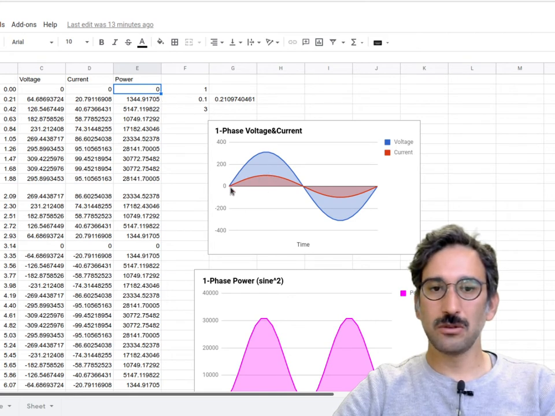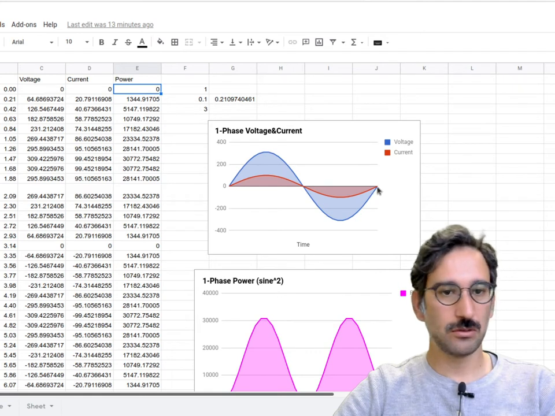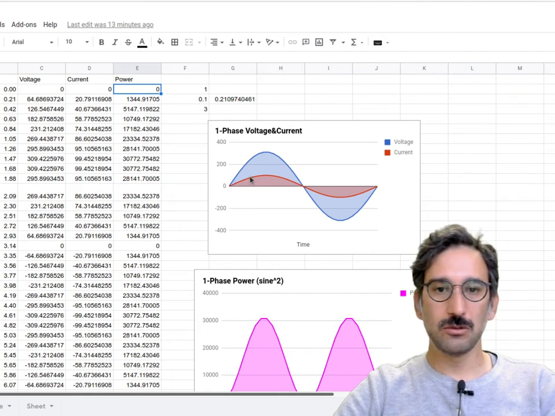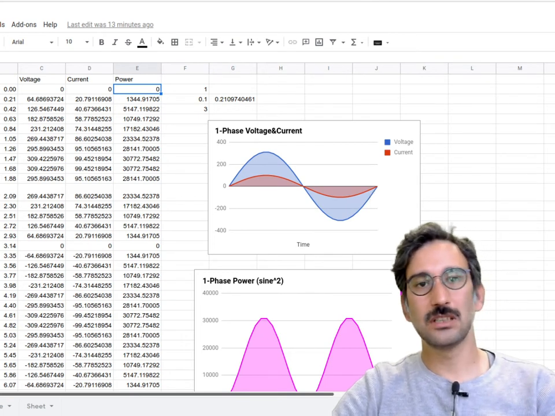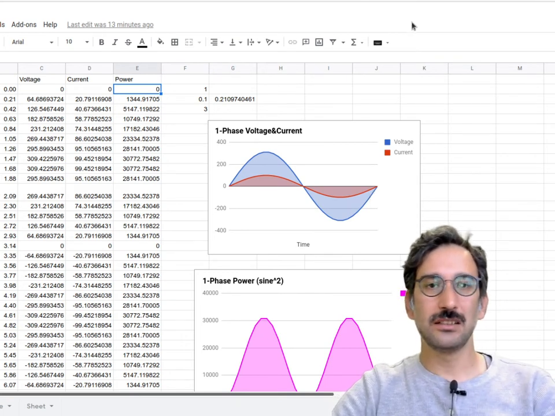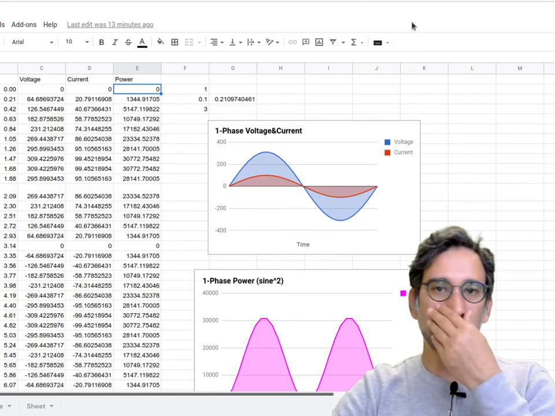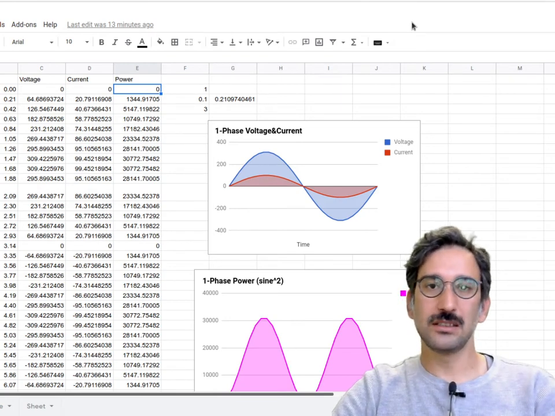If you look at the single phase voltage, it is sinusoidal, and the current is again sinusoidal, so there's a power factor of 1. They are in phase, and I can find the instantaneous power by multiplying these two.